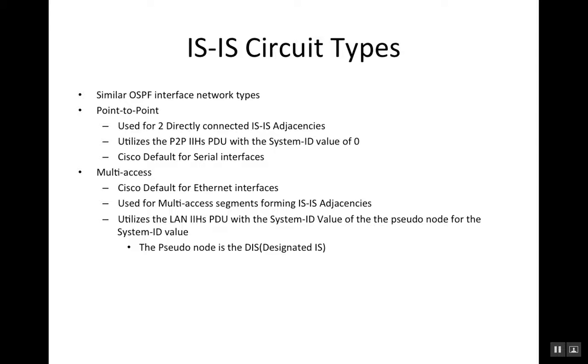If you have four routers sitting on the same Ethernet segment, technically all four routers should not be distributing LSPDUs between each other. The pseudonode, the DIS, will actually distribute those PDUs amongst the systems. It's better for traffic management and also for bandwidth management.